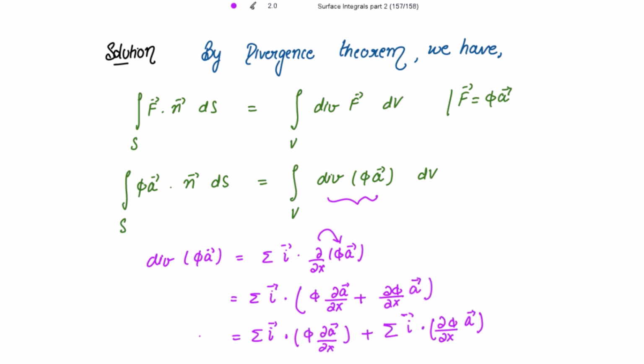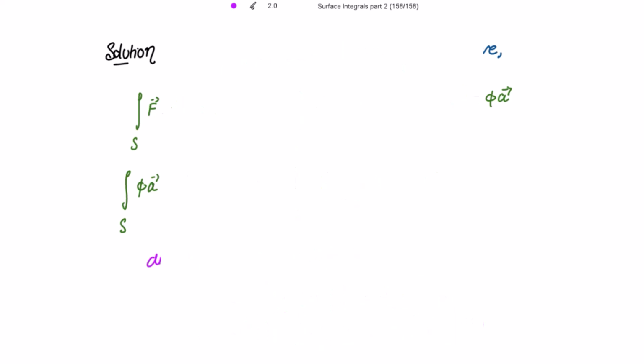Separating the sum, right? Now in the next step, I am taking this phi outside of this summation, and this dot is shifted between these two. So this is equal to summation i vector, taking phi outside, dot product with partial derivative of a vector with respect to x, plus summation i vector taking partial derivative of phi with respect to x together, and the dot is shifted over here, and I'm having a vector over here and taking this in bracket.